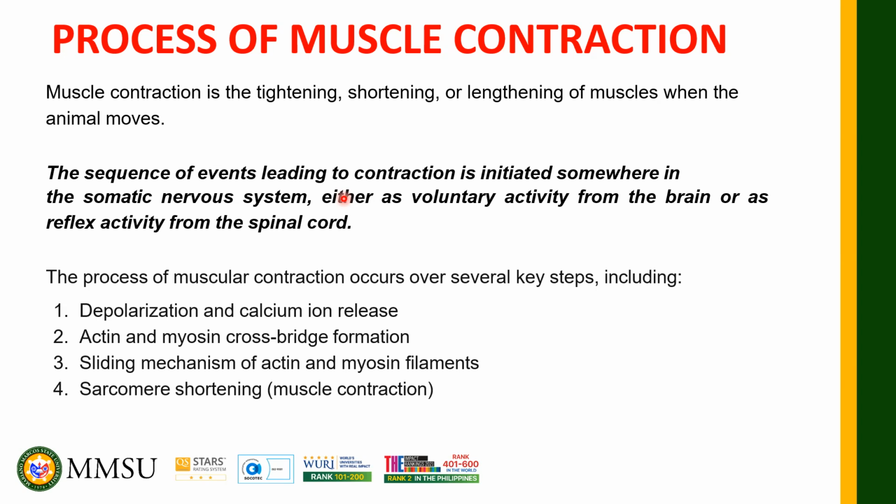Okay? So once the decision to move a muscle is being made, yung mga motor neurons in the somatic nervous system, they are now responsible in transmitting those signals from the central nervous system.